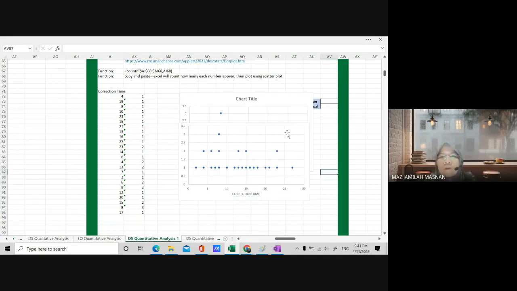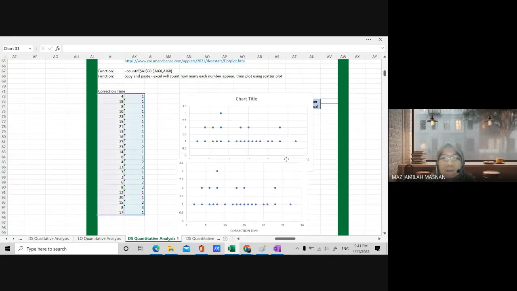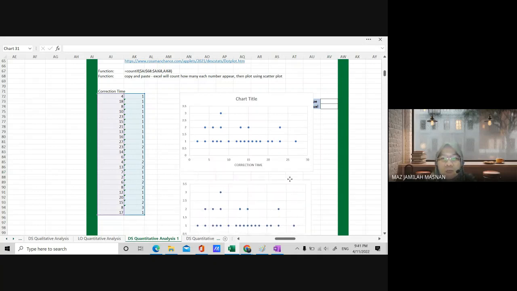Okay, done with the plot. From the plot you can see that the data concentration is mainly in this particular region. So that's how we can use a scatter plot to come out with our dot plot.